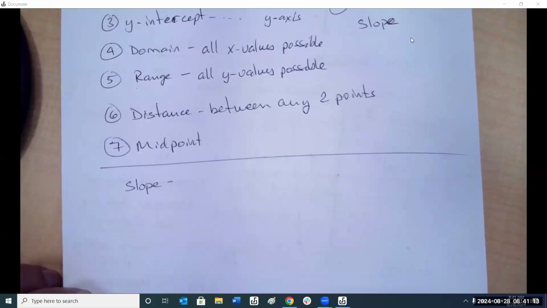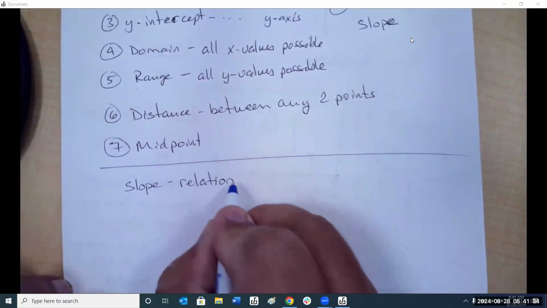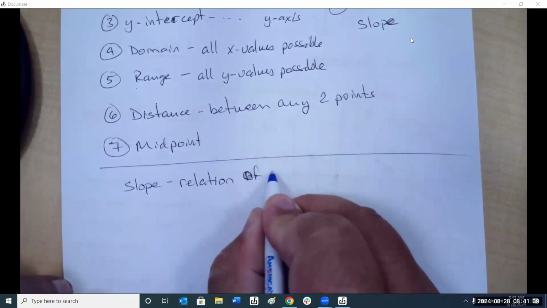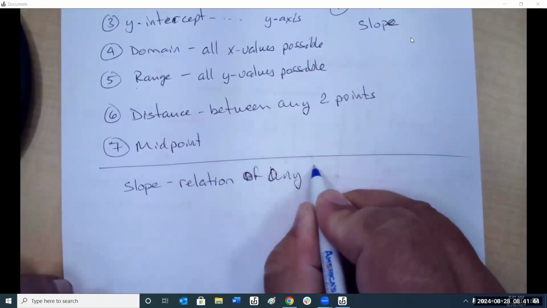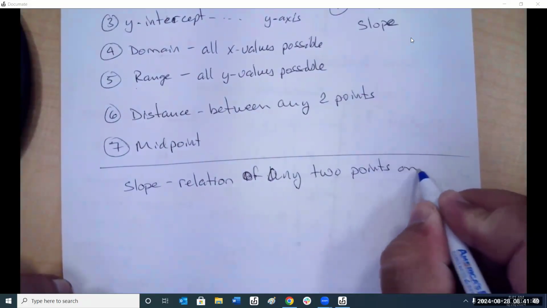What is a slope? Okay, we can't use angles because it's not trigonometry. The slope is the relation of any 2 points on a graph.